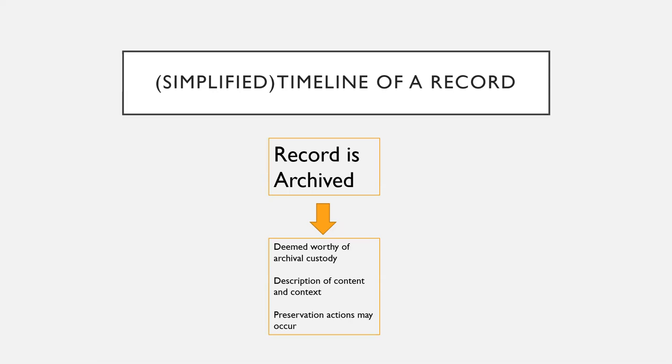It may be that the archive has migrated records to a more accessible format. There are a whole lot of different types of preservation actions that can occur during this stage and can continue to occur throughout the life of the record.